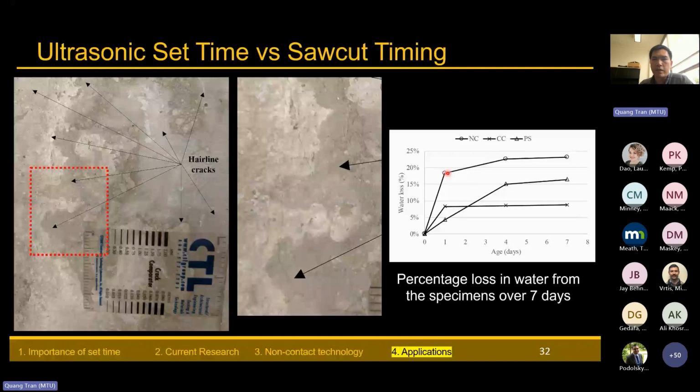The result shows that with no curing, the water loss is really high. It makes sense because the water evaporates and reduces the weight of the samples. For the plastic cover, it's pretty good, but among the 3 cases, using the curing compound gives the best result, right?